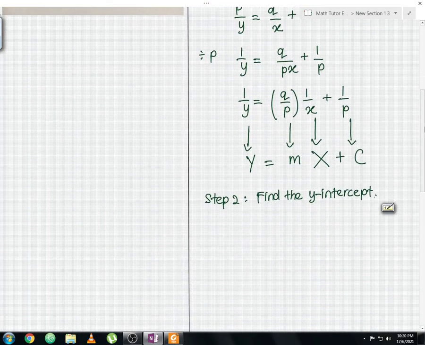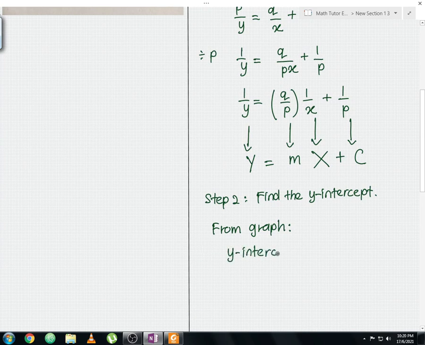So we write in the working here, from the graph, we know that our y-intercept is equal to 3.9. This 3.9 we obtain directly from the graph. But there is another y-intercept value, which is 1 over p, which we obtain directly from the equation. So for the next step, we're going to compare this 1 over p with this 3.9 value.